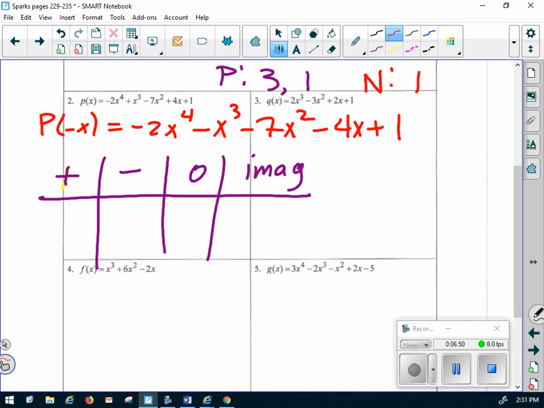How many times is 0 a root? Why none? Good, there's no GCF of x to a power. All right, so if I have 3 positive roots, I could have how many negative roots? 1. If I have 1 positive root, I could have how many negative roots? 1. 0 isn't a root ever. First scenario, how many imaginary roots will I have?